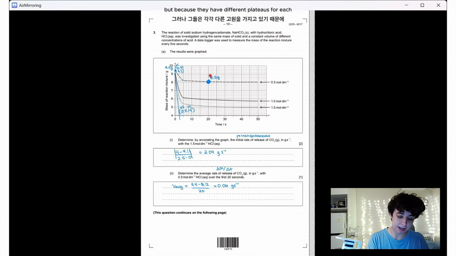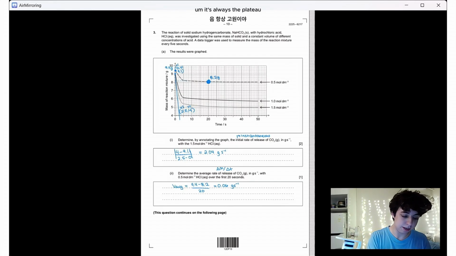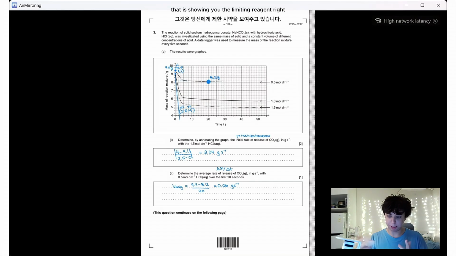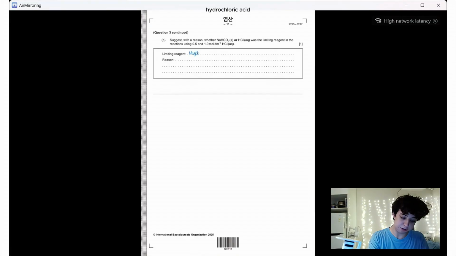But because they have different plateaus for each concentration, that is showing us that the concentration of hydrochloric acid is determining the maximum yield, and therefore that is the limiting reagent. It's always the plateau that is showing you the limiting reagent, right? So limiting reagent is going to be hydrochloric acid.